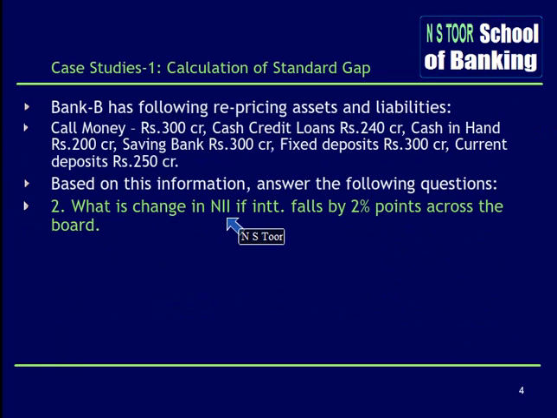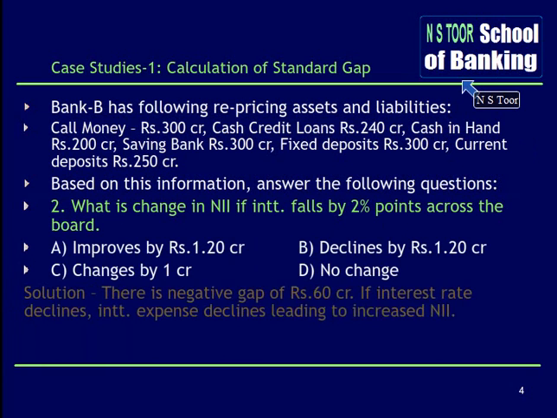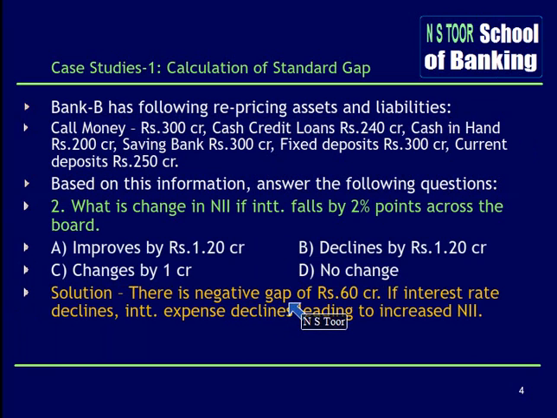What is change in net interest income if interest falls by 2% points across the board? So there is fall in interest rate in case of all assets, liabilities, and these are our options. Let us see the solution. So there is a negative gap.